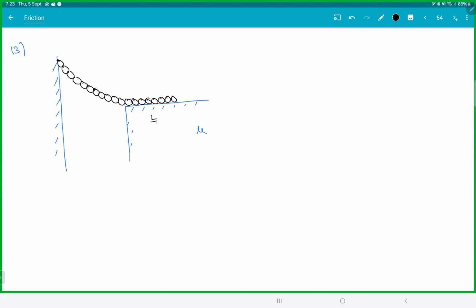This is L by 3. Mass of the chain is M. Length is L. This angle is theta. Gravity is there. Friction mu is equal to, let's say, half.